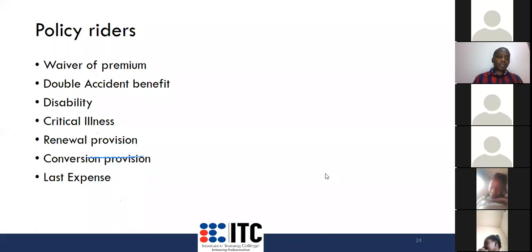Conversion usually relates to term life being converted to another product. Could a whole life be converted? It's quite possible, yes, it can be, but in terms of riders, it is more likely for you to convert a term life to either a whole life or an endowment.